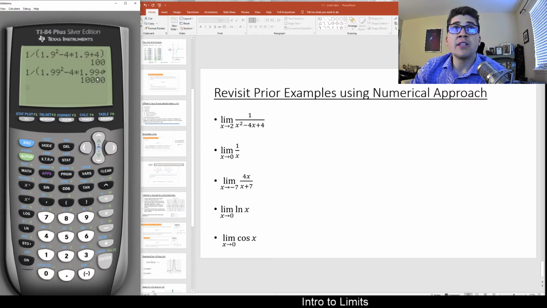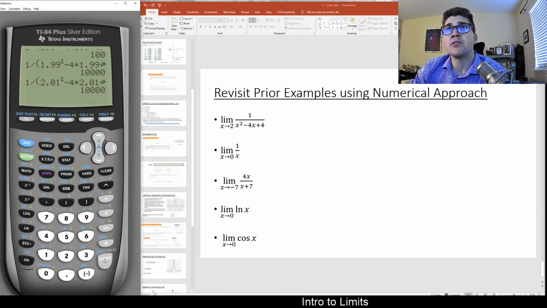Now, we also need to check the right-hand side before we guess that this limit is indeed infinity. We could do the same thing, checking 2.1 and 2.01. Those are a couple good spots to start with for this particular limit. So I checked a little bit smaller than 2. Now let's check a little bit bigger than 2.